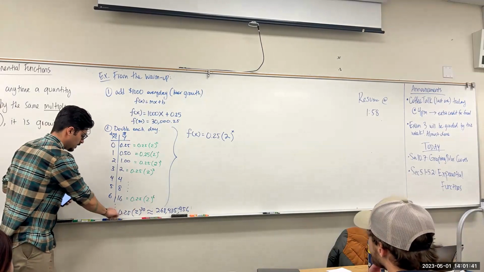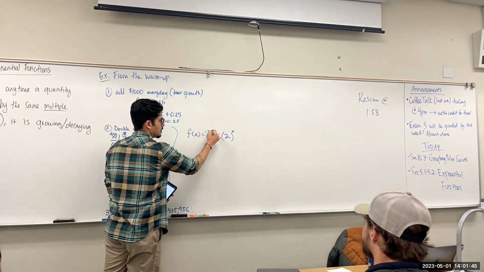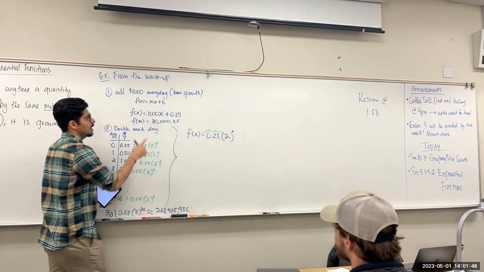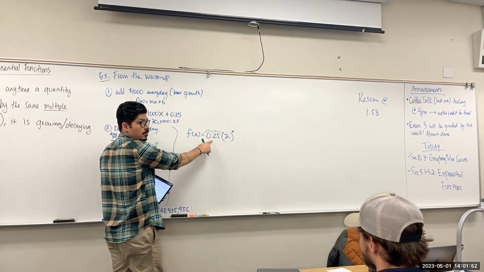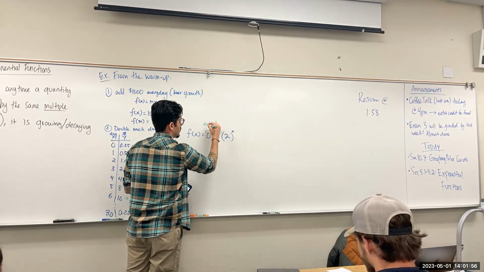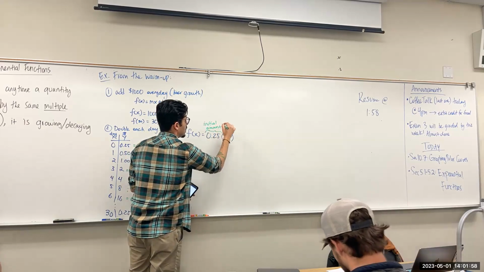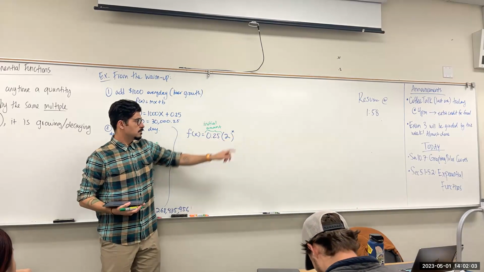But here's what's important. This number here, kind of like the b, is the initial value. This is what you start with. It's the number that's not being raised to the power of x.